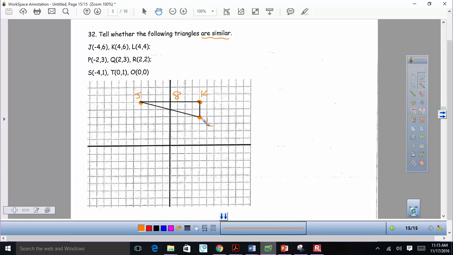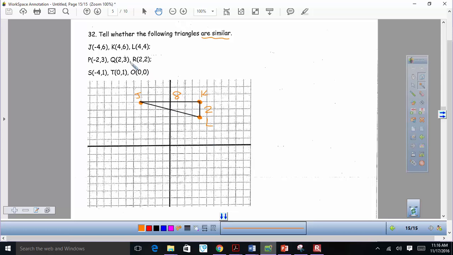What is the length of this side? 2. Okay? Now, is it going to be the same finding it for JL? No, you cannot count when it's going across all of those. So what we're going to do is, it's been a long time since we used the distance formula.